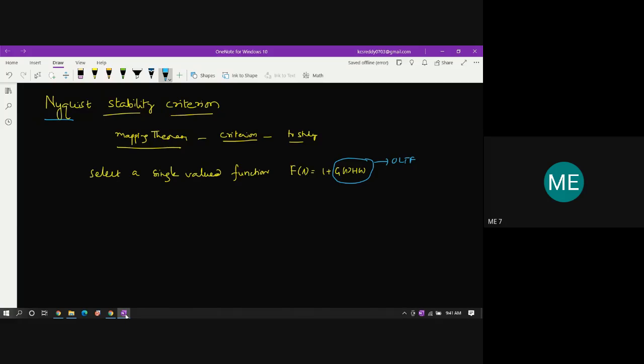And in the last class we also discussed the pole zero configuration. The poles of 1 plus G of s into H of s are equivalent to the poles of G of s into H of s, that is, we can call them the open loop poles.